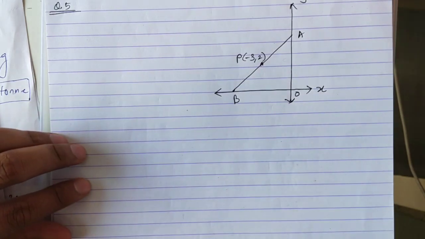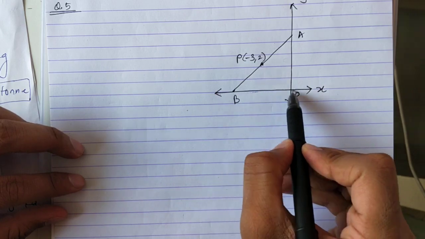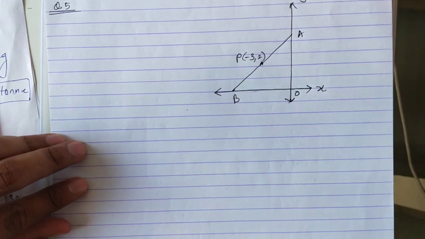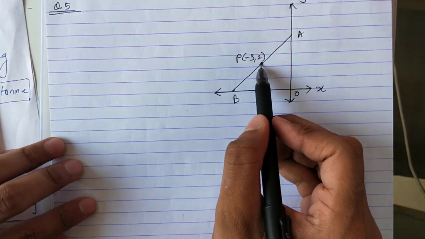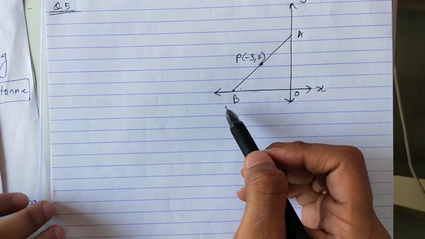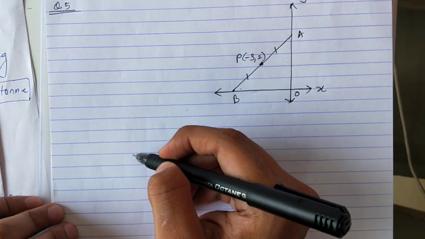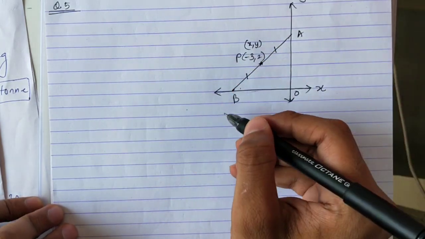Now this is the graph given where this line is x-axis, this line is y-axis, correct? And in the question we are given that P is the midpoint of line segment AB. Okay, so if P is a midpoint, I'll draw it like this. P is a midpoint. Let's name it x comma y.